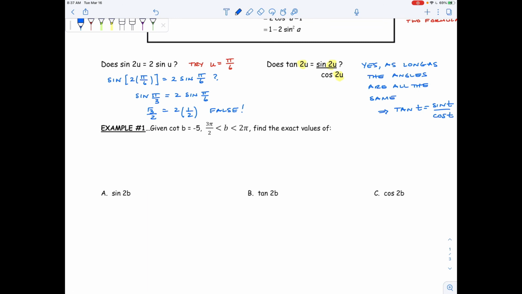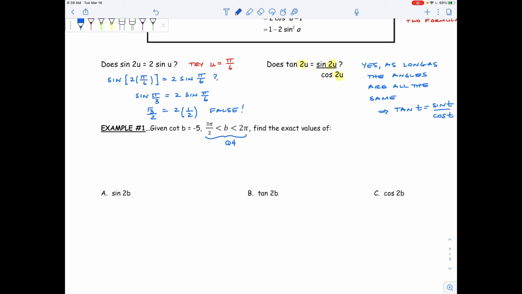So if you take a look at example 1, we're given cotangent of B equal to -5. We're given that that angle B is between 3 pi over 2 and 2 pi. So we're in the fourth quadrant. And we need to find the sine of twice that angle, tangent of twice the angle, and cosine of twice the angle.